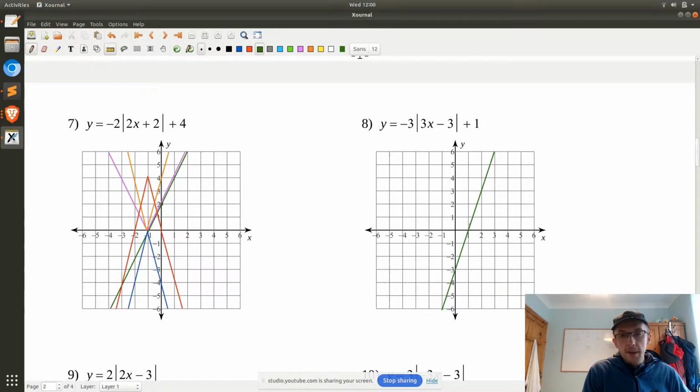But we want the absolute value of that. So going from green to pink. There, and there. And then multiply everything by negative 3.